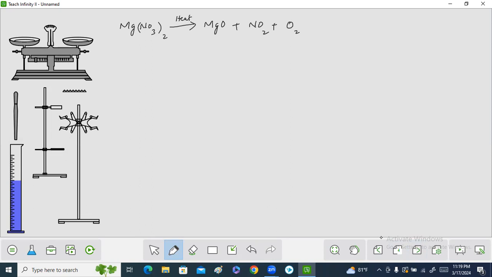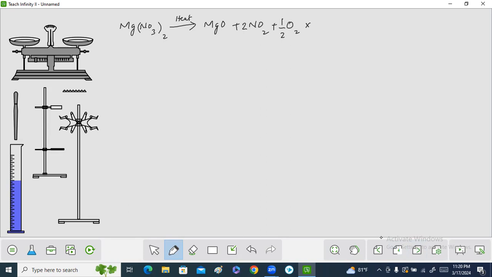Now, to make it balanced, there are 2 nitrogen atoms, so we can put 2 here. Now, 6 oxygen on the left hand side, 4 plus 1, 5, and 7 oxygen on the right hand side. So to make it 6, you can write 1 by 2. Now the oxygen atoms are balanced. 3 times 2, 6. 2 times 2, 4, plus 1, 5, and then 1, 6.